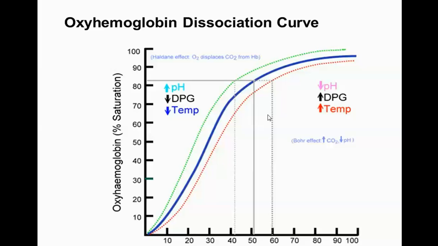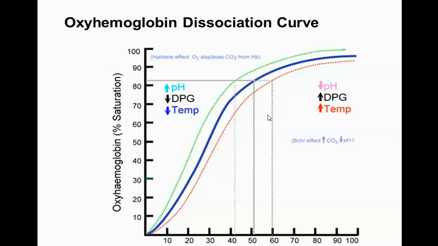Here normally we need about 50 PO2. Here, when shifted to the left, about 40. What does that mean? With lesser PO2, we can load more hemoglobin with oxygen. That means the affinity of hemoglobin to oxygen is higher.